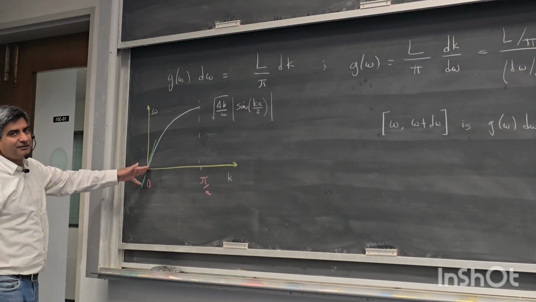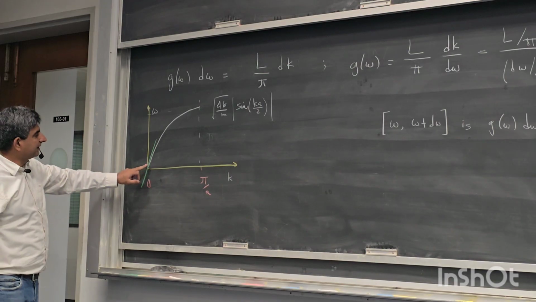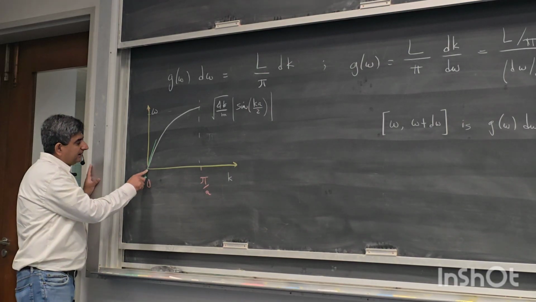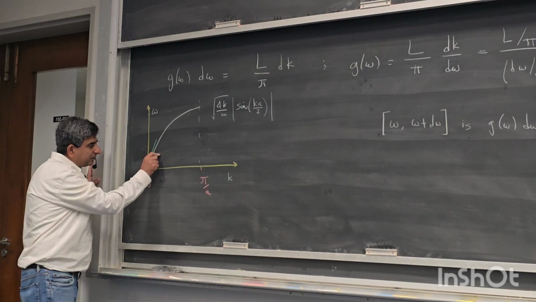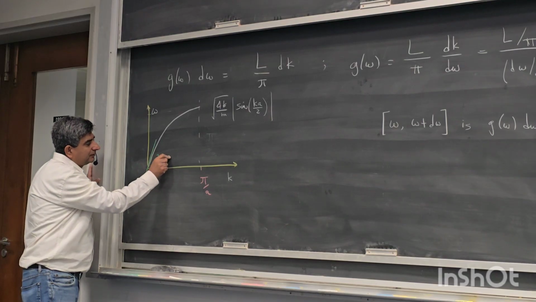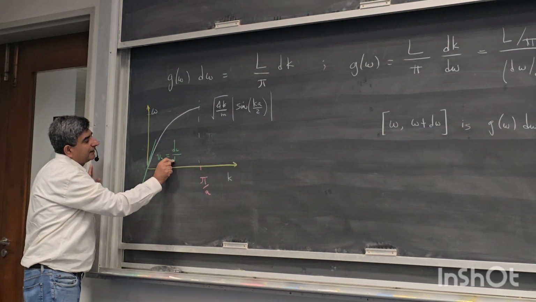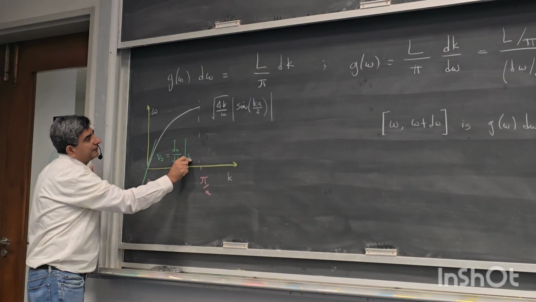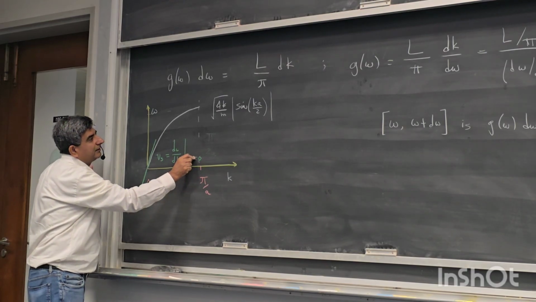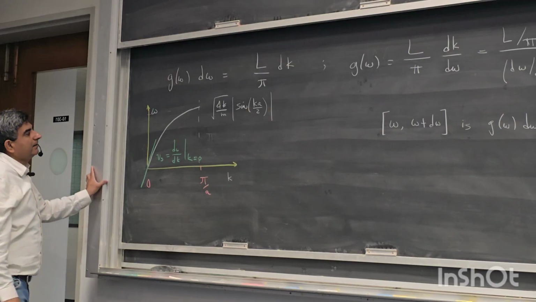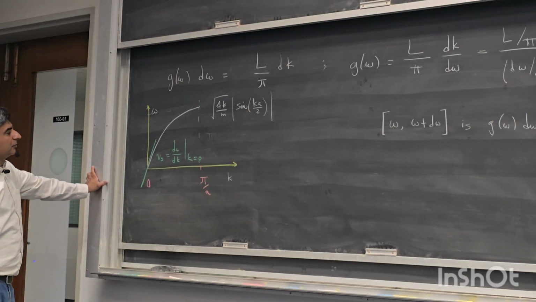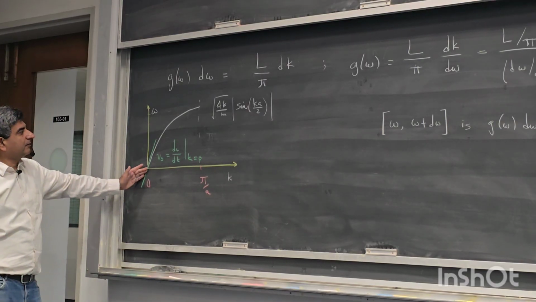So here the slope is some value. These are acoustic phonons. So at this point, this slope is just equal to the speed of sound inside the solid, which is d omega over dk at k equals 0. This is the slope that we have at this point.